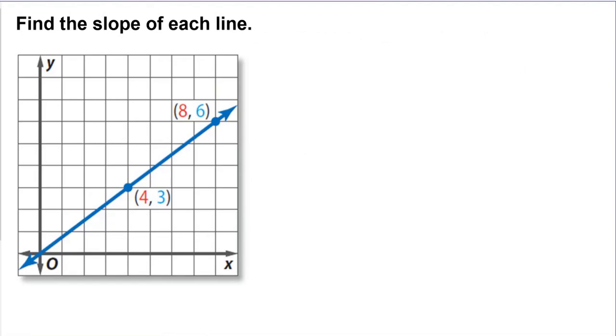So looking at this linear function, what is the slope of this line? Meaning, what is the rate of change on this line? So we can see we have 2 points that are labeled on here. We're going to use those 2 points to find our slope, or our rate of change. So slope is the change in the y, y2 minus y1, over the change in the x values, x2 minus x1.